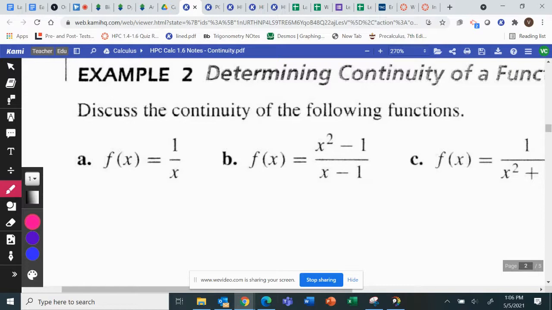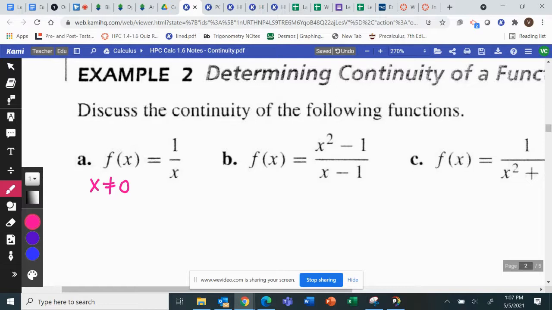x can't be 0, exactly. I'll make a note about that. x can't be 0, but that's not discussing the continuity; that's discussing what it can't be. Right, so it's going to be everything except for 0.